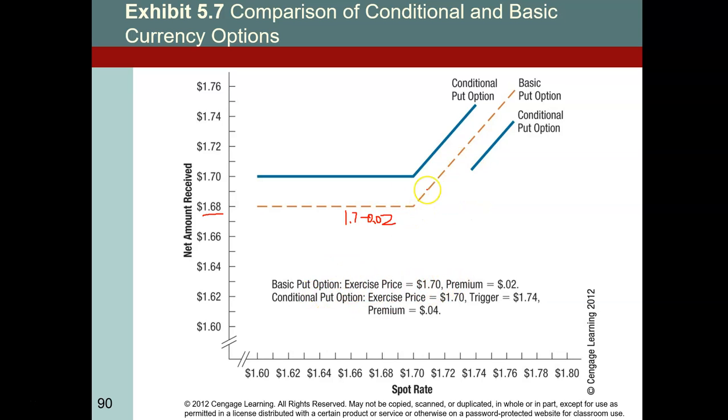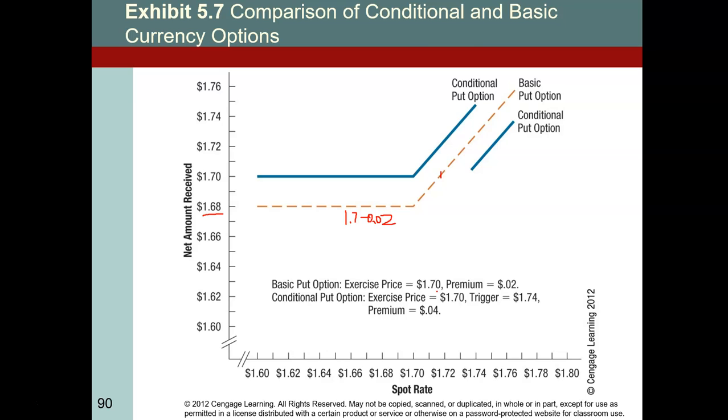Passing the cutting point, for example, at this point where the spot rate is 1.72 and the exercise price is still 1.7, it means that on the market, you could have sold your currency at 1.72, which is higher than the exercise price.